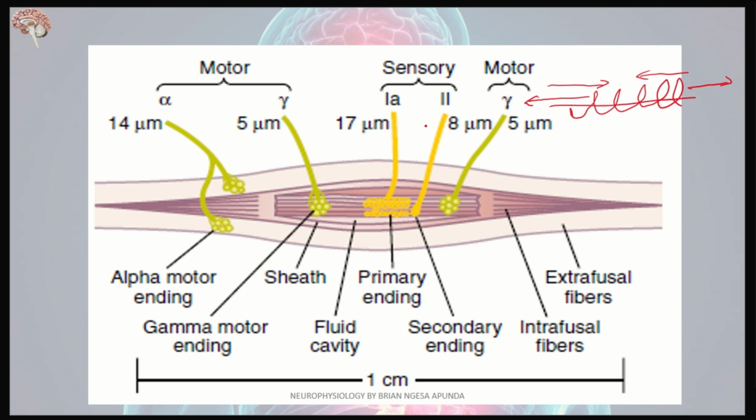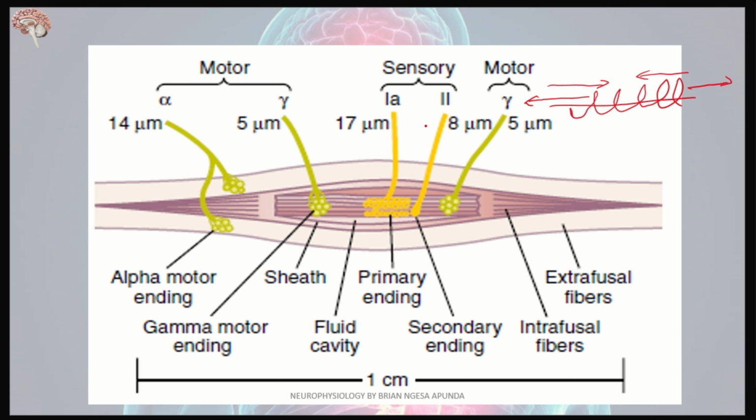So specifically telling us where our nerves are originating from the muscle. The type A have their receptor spreading from what we call the primary ending to the secondary ending, while the type 2 just originates from the secondary ending.